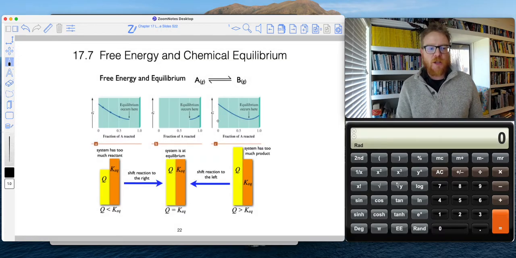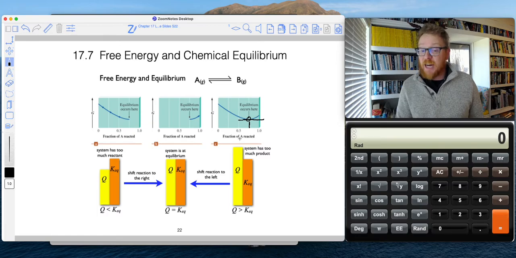So now continuing along. Once again, if we were looking at this simple equilibrium reaction, let's say equilibrium between A and B, a very simple reaction, here I put fraction of A reacted on the x-axis. If you look at the way this is going here, we're seeing that we get this minimum occurring right here. And you notice that that's also occurring at a mole fraction of A which is greater than 0.5.